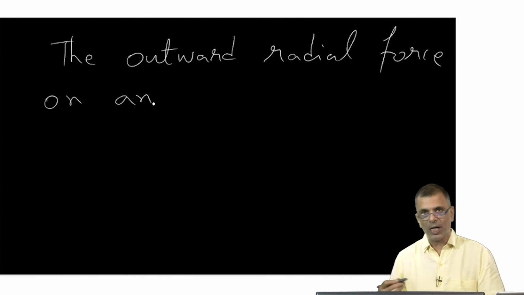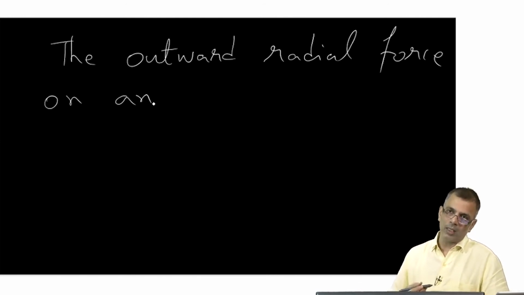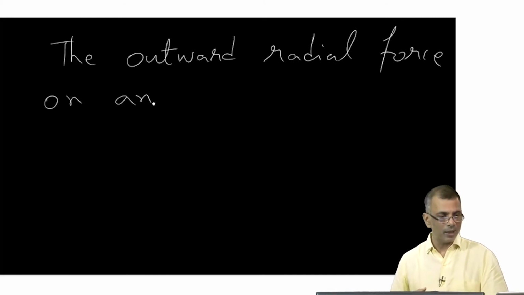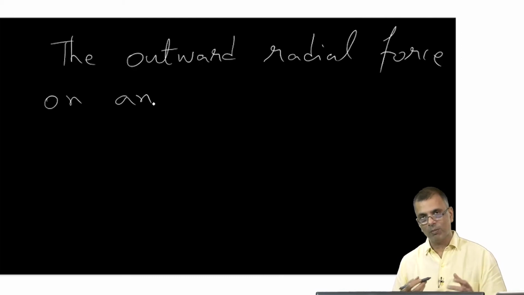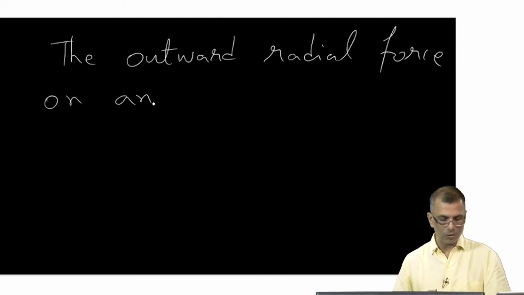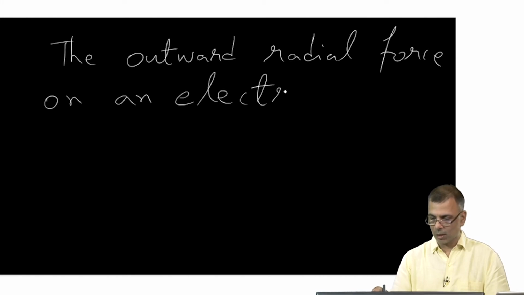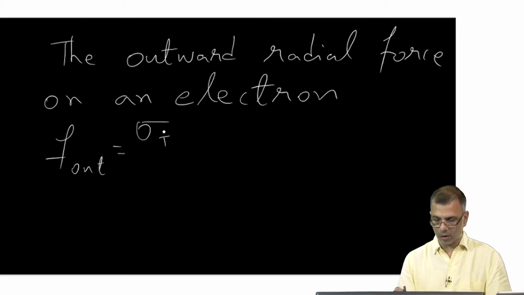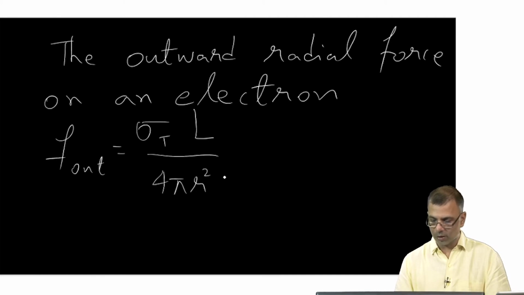Now, the mass is provided by the proton, but really electrons are the ones which interact most effectively with photons. So on an electron, due to this radiation, F out is equal to sigma T, the Thomson cross section, times the luminosity over 4 pi r squared c, at radius r, of course.